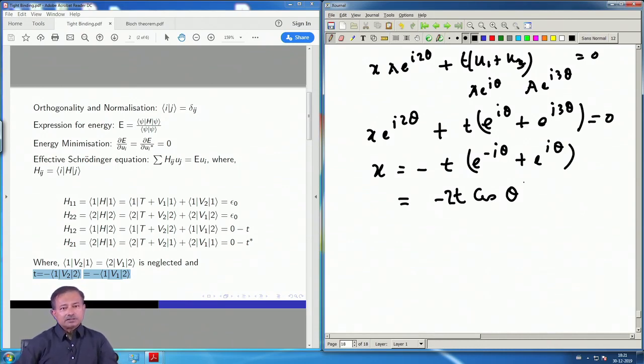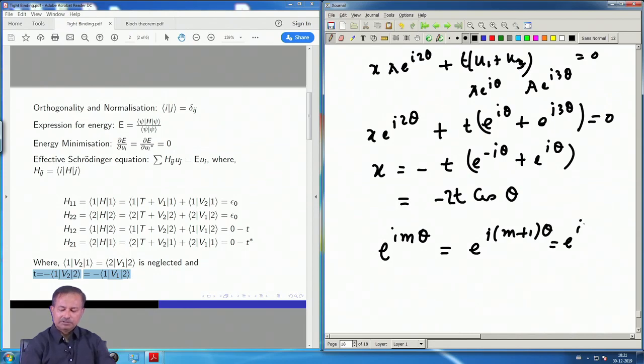Now, can I choose this as a solution? Of course, I can, because the solution has to satisfy Bloch's theorem, and you can easily check that e to the power i m theta does obey it. If I go one more lattice spacing, plus 1, it is e to the power i (m plus 1) theta, equal to e to the power i theta times e to the power i m theta.